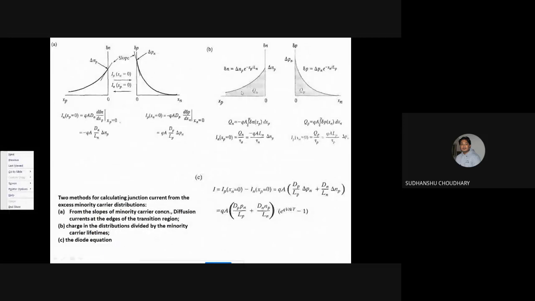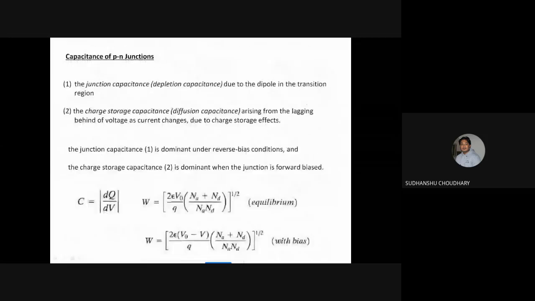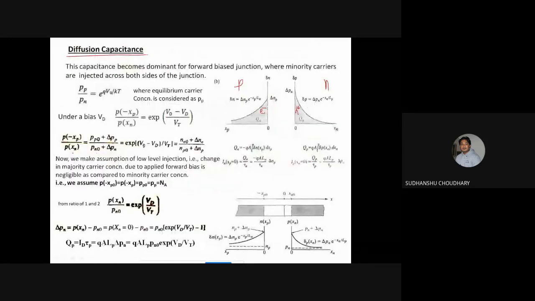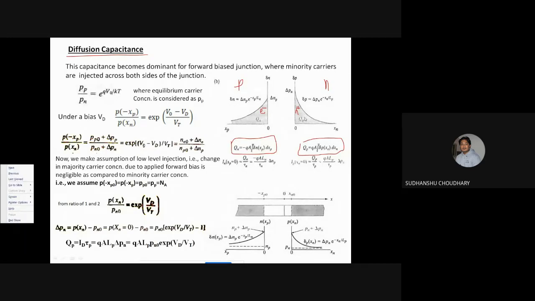So we had studied this earlier, and I have simply copied it here for understanding the diffusion capacitance. These two charges we had also calculated, that is, the minority carrier charges on both sides of the junction.